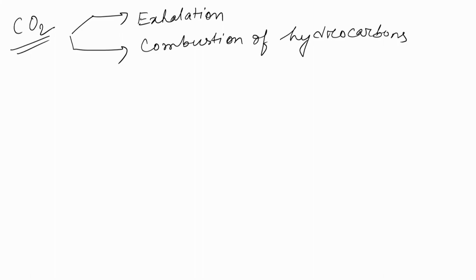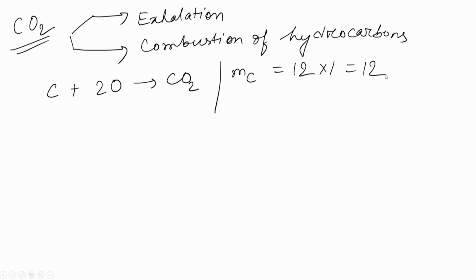Now we will see the ratio of the masses. Carbon plus 2 oxygen, this is carbon dioxide, right? Carbon has a mass of 12. There is 1 carbon in carbon dioxide, so 12 into 1 we get 12, and the mass of oxygen is 16. We have 2 oxygens here, so it is 16 into 2, that is 32.